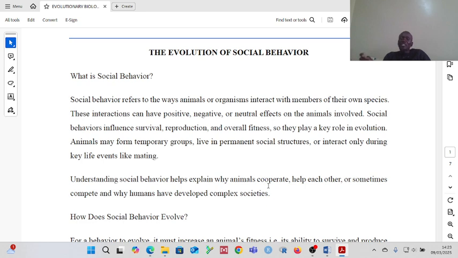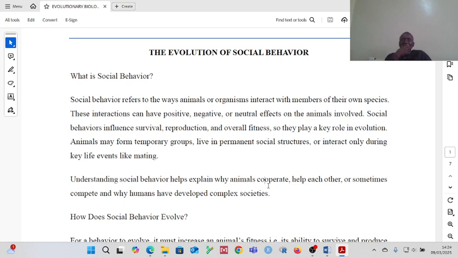So that will be a negative impact to those that are suffering harm as a result of that interaction. But at times, that interaction might not have any effect on either. So then such an interaction is deemed to be neutral.